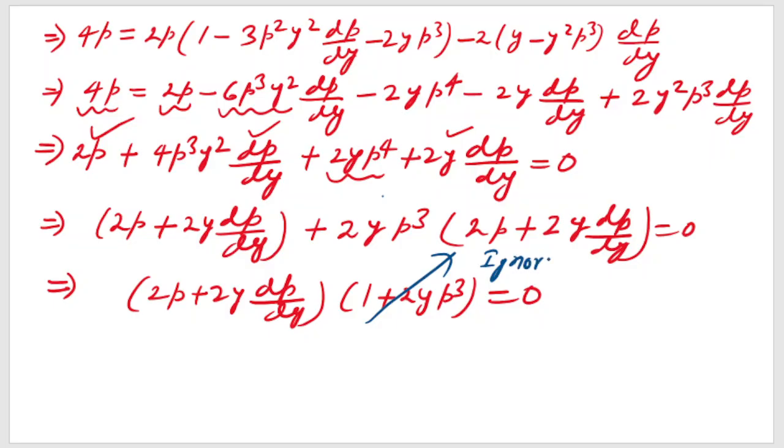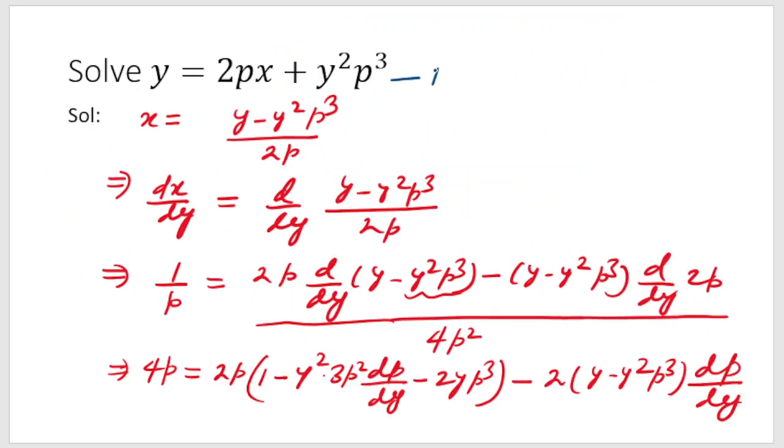Now you may ask me why you are ignoring this term, because we are solving the differential equation to get the general solution. Let me just spend some time on this. Suppose I take 1 plus 2y p cube is equal to 0, and I call this equation number 2, and we have this original equation, that is equation number 1.